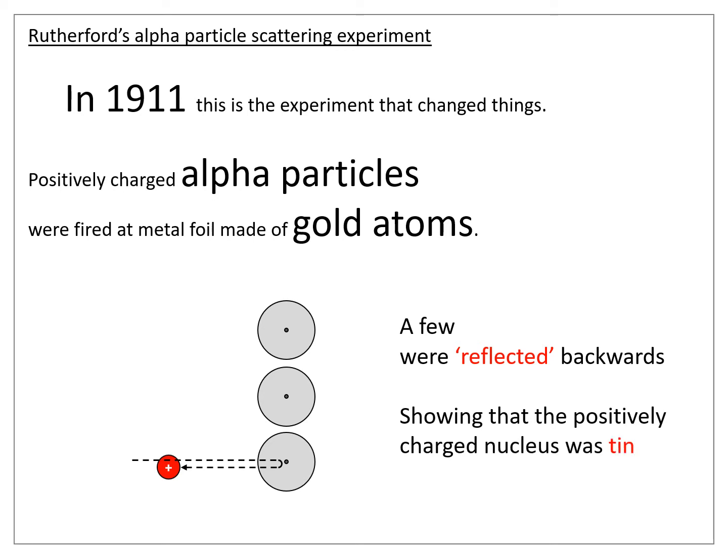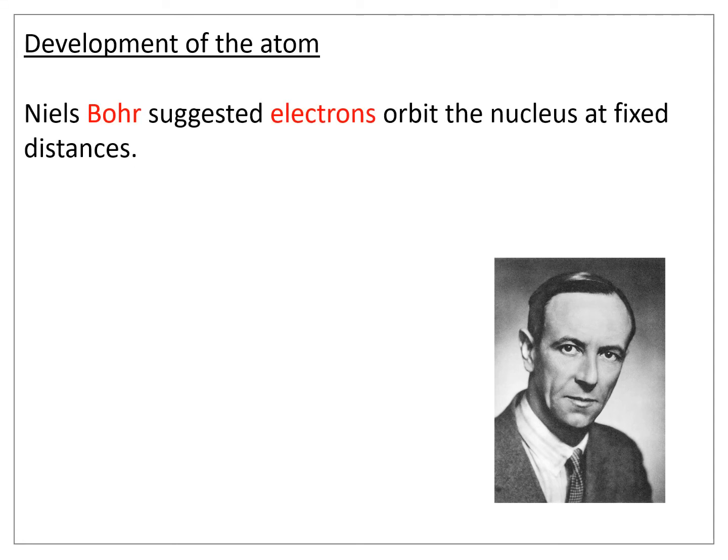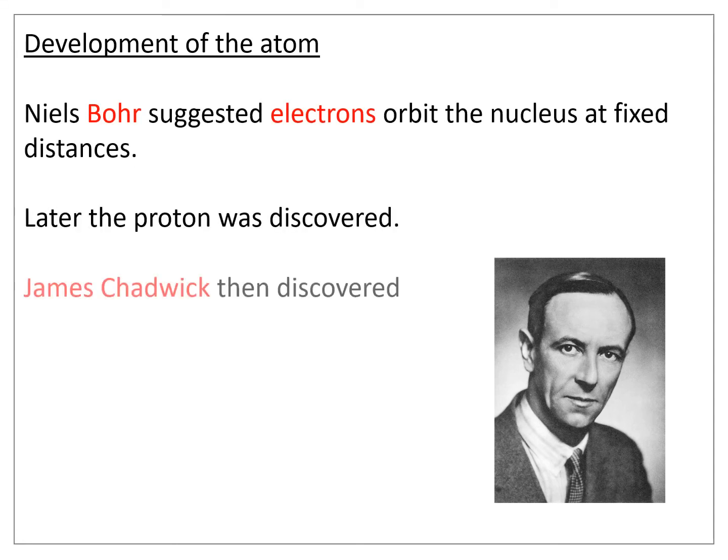So this experiment in 1911, they fired positive alpha particles at gold foil. Most went through, some were deviated, and a few were reflected backwards, showing that it was a positively charged nucleus and that it was a very, very small positively charged nucleus. Now, Niels Bohr then suggested that electrons orbit the nucleus at fixed distances, and later the proton was discovered.